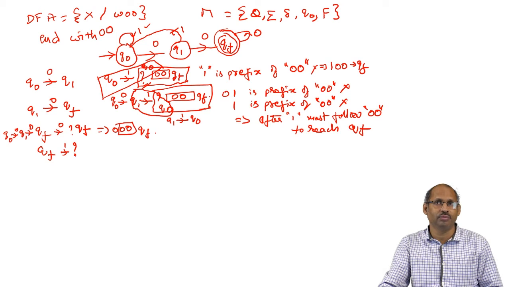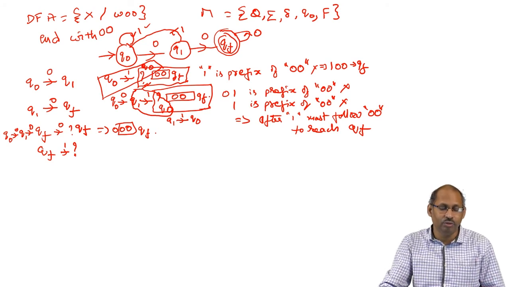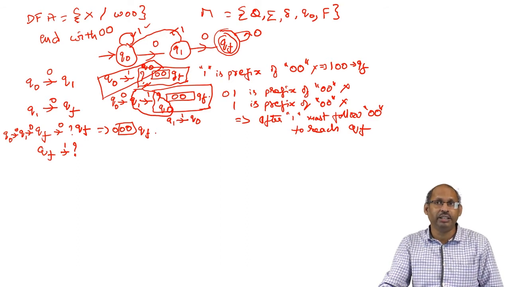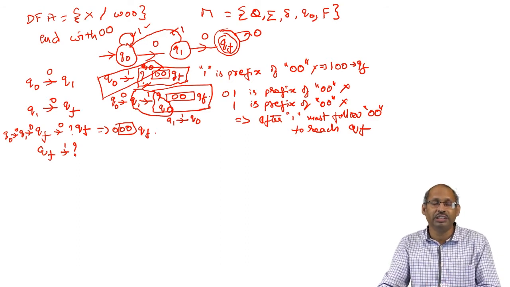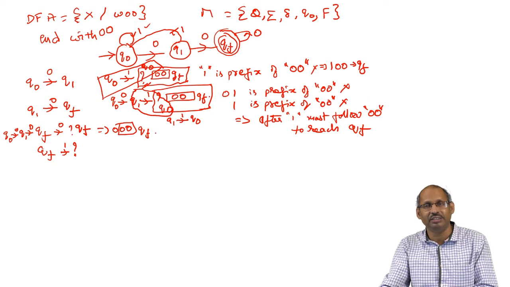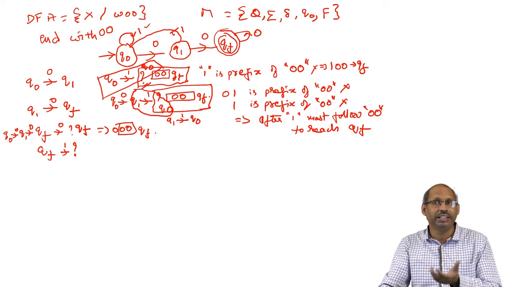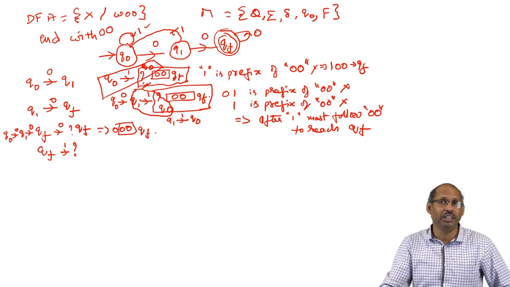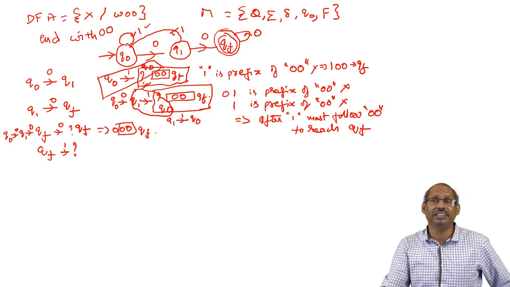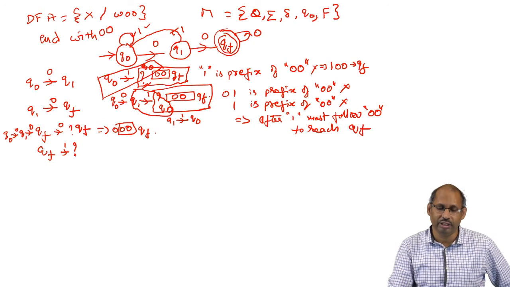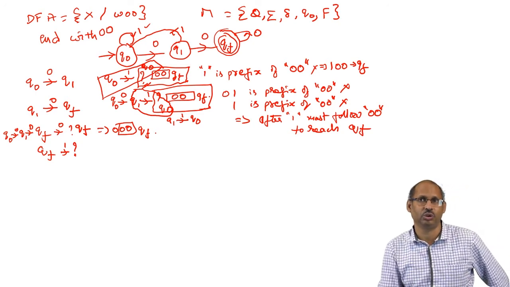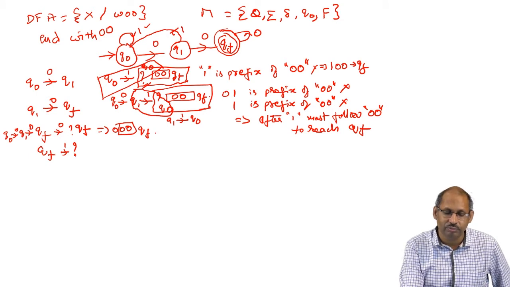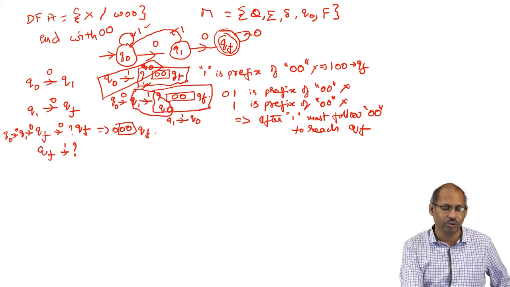Because how are we reaching the final state? Following 2 zeros. Then how do we find this transition? QF on 0, what is it implying? 3 zeros. 3 zeros indirectly means that it is accepting the string. It is in the correct condition. So it's simply QF, the final state only.